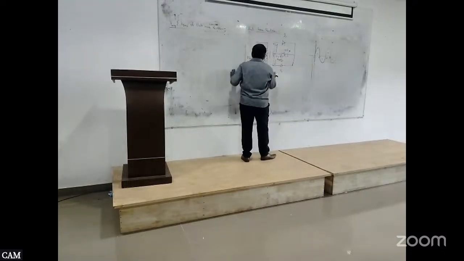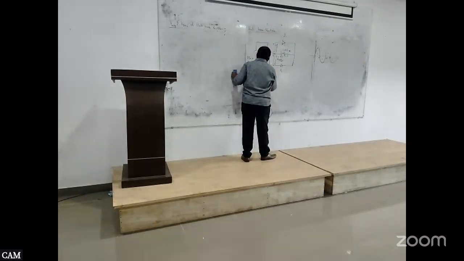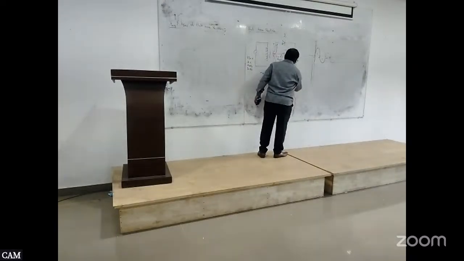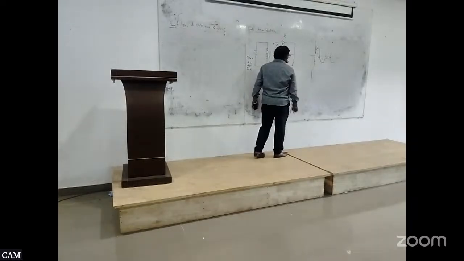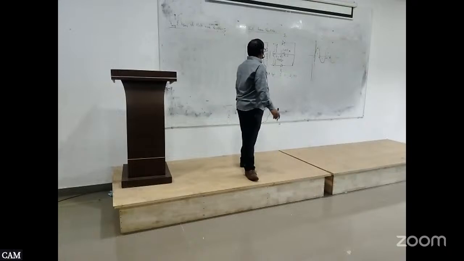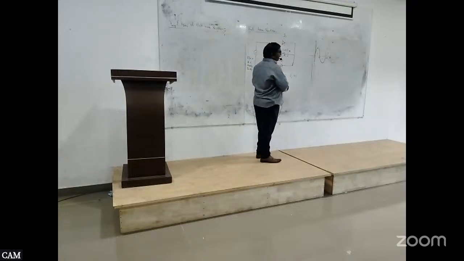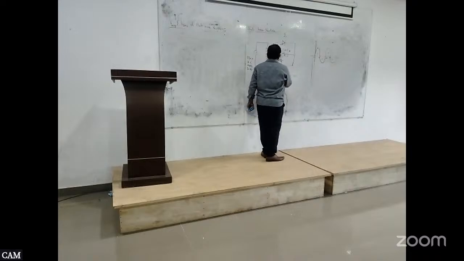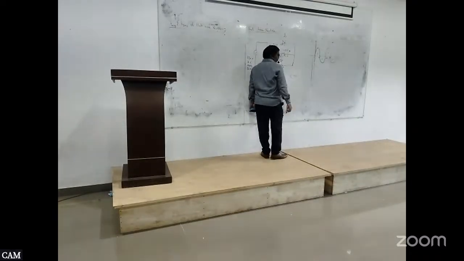During the positive half cycle, diode 1 is on and diode 2 is off. Why? During the positive half cycle, this will become positive, forward mode. This will become reverse bias.